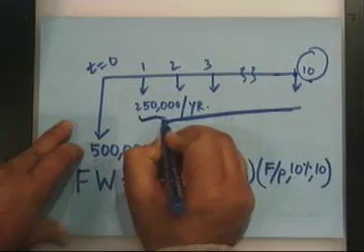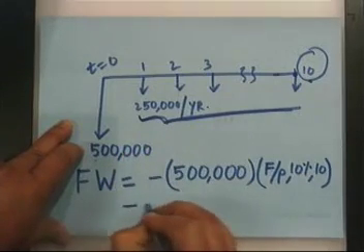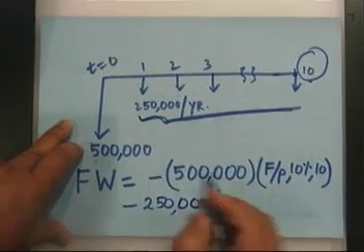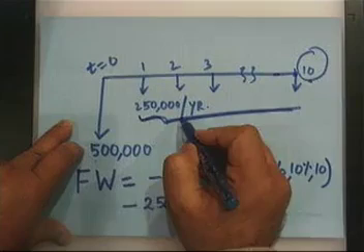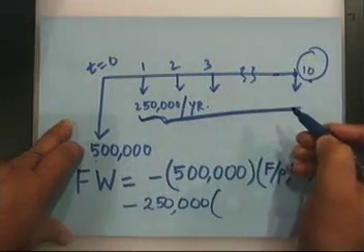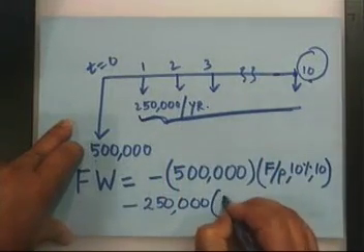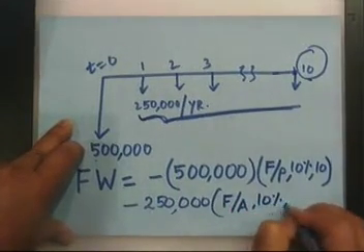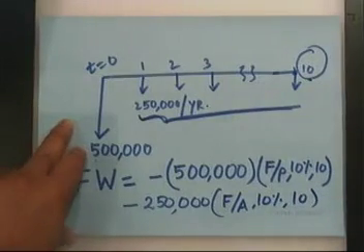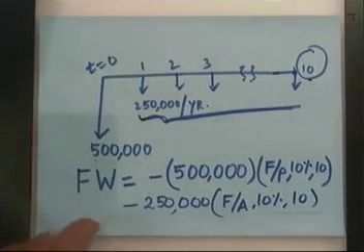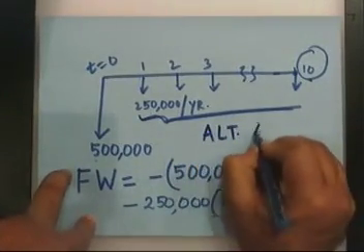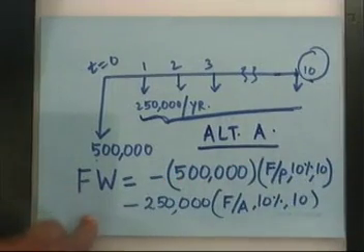I say this 250,000, that means minus 250,000, A is known to me, I am interested in finding its F. So, F given A at 10% interest for a period of 10. So, I will calculate the future worth for alternative A.